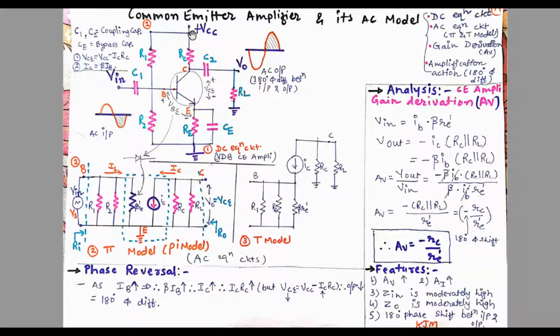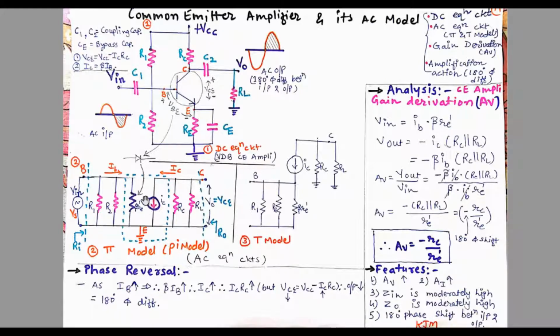Now in the output DC equivalent circuit, from the common emitter configuration characteristic, we can explain easily that this transistor behaves in output like constant current source, IC. So I have drawn here the current source symbol, IC, downward, especially for the NPN transistor.